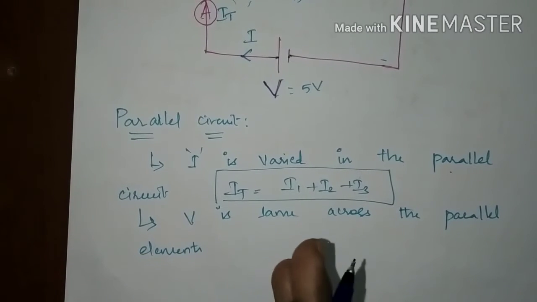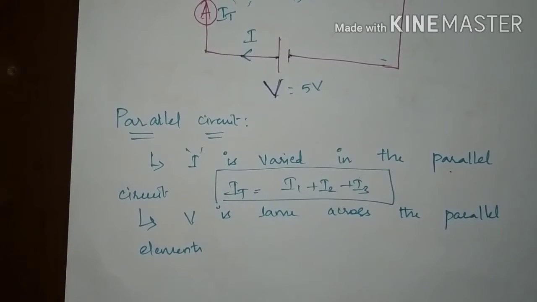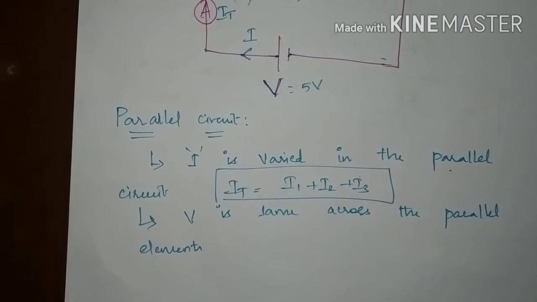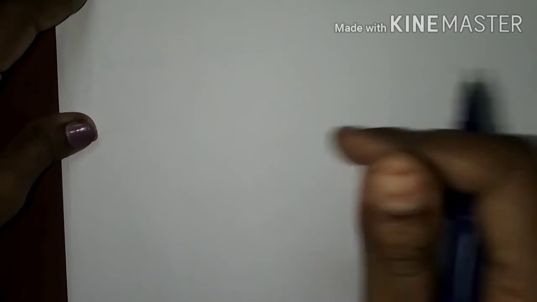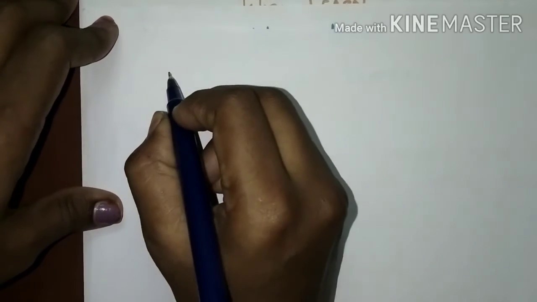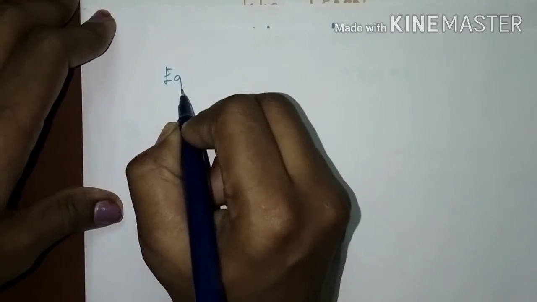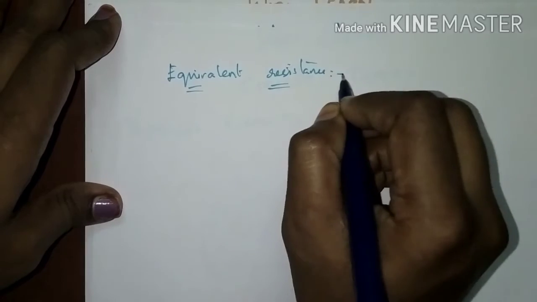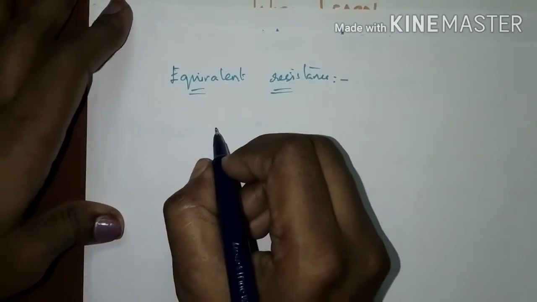This is opposite to the series circuit, where the total voltage is equal to the sum of the voltages, whereas in the parallel circuit the total current is equal to the sum of the currents that have been branched. We can find the total resistance or equivalent resistance in the parallel circuit by using Ohm's law.